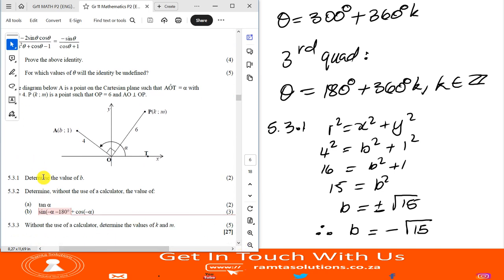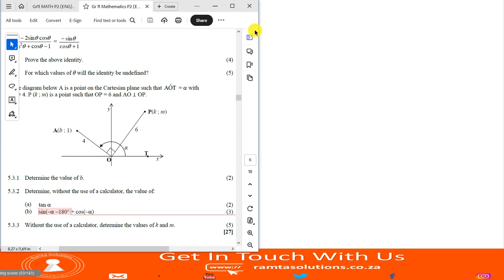Now 5.3.2, determine without the use of a calculator the value of tan alpha. All right, let's go. We're looking for the value of tan alpha. I want to show you something here. When you write this guy here, you call him alpha.